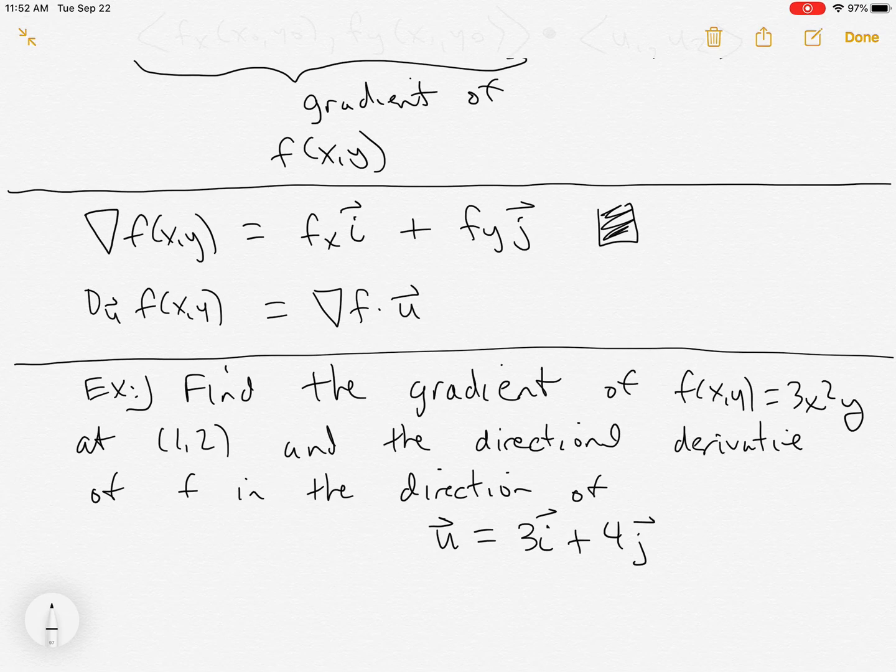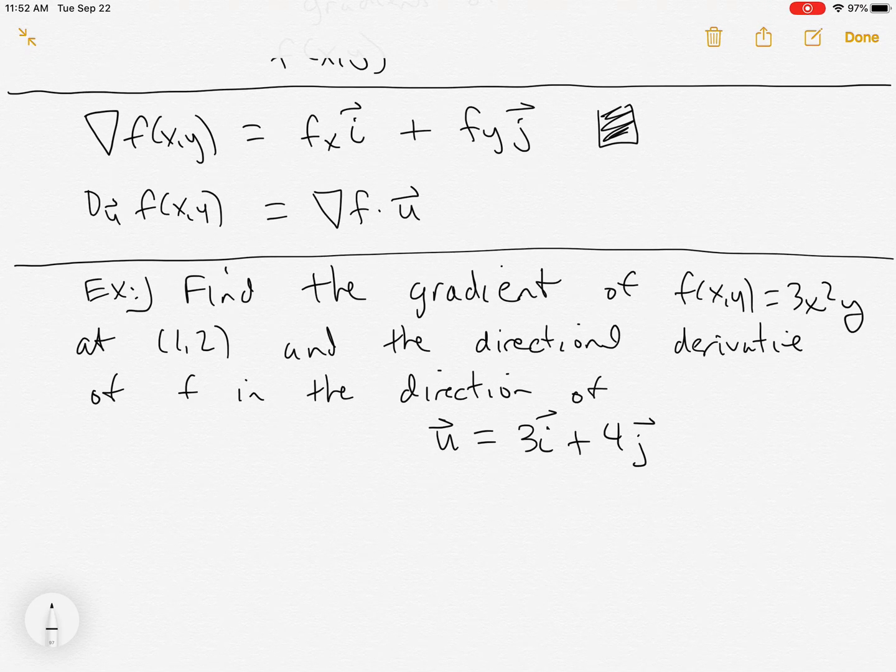So part 1 says we want to find del f and evaluate this at (1, 2).